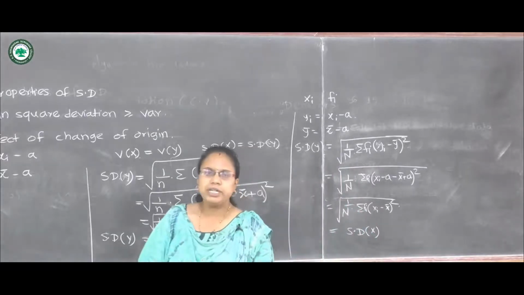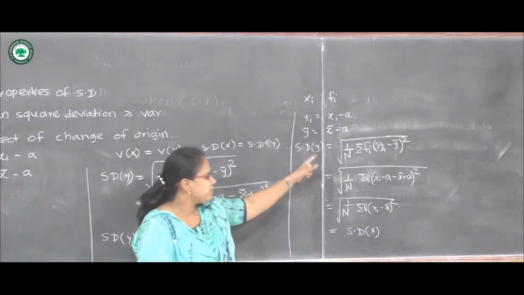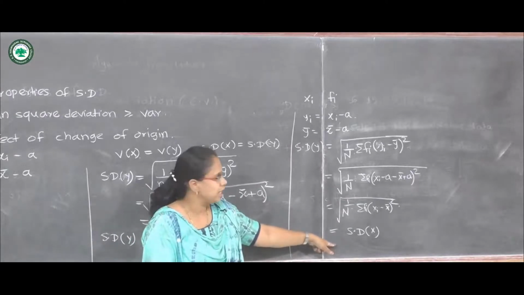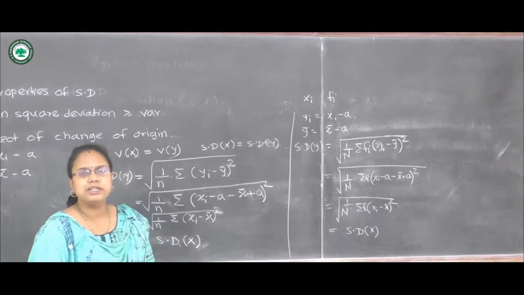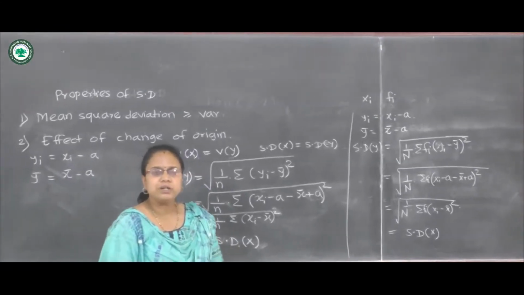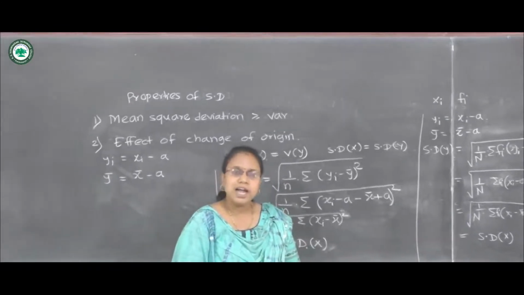So this property can also be proved for grouped data. Now we will see the next property of standard deviation, which is the effect of change of origin and scale.